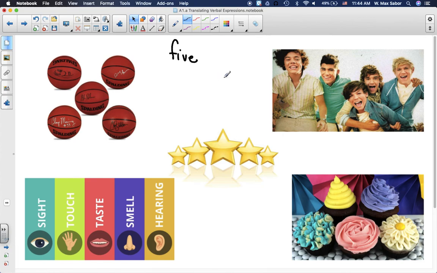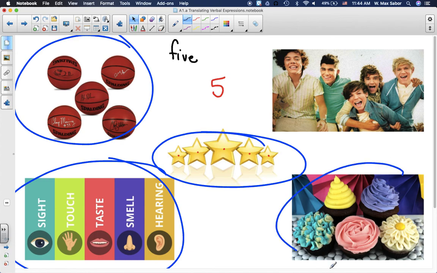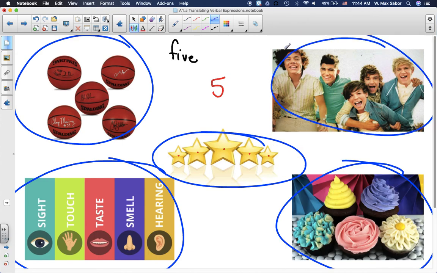But the way you write that algebraically is you'd write the numeral 5. That numeral 5 doesn't just describe having 5 basketballs, it describes having 5 stars here, or 5 senses: 1, 2, 3, 4, 5. Or you could go even further and say there are 5 pictures on this screen, and an entirety of 5 objects altogether.